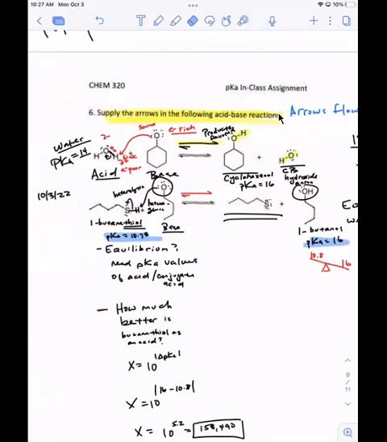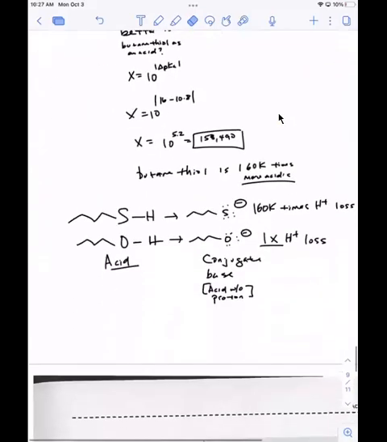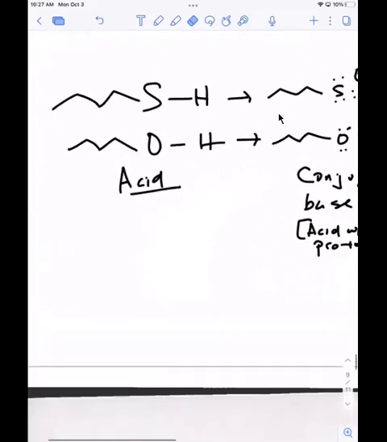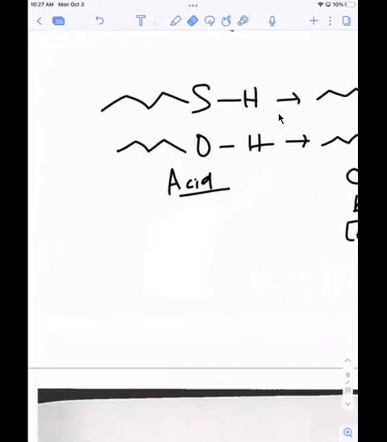Because now we can use this example to discuss another topic, which is the factors that affect the pKa. Why is butane thiol so much better of an acid than butanol? And we can do that by asking this question.